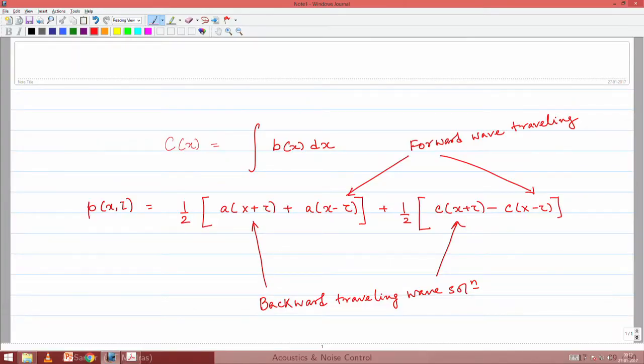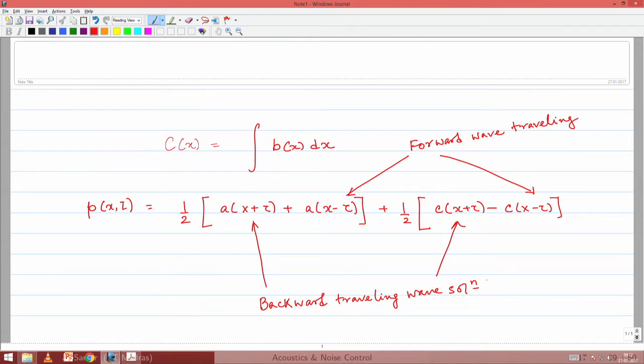Remember, what we did earlier is that we simply said that the partial differential equation has a general solution of the form f of x plus tau and g of x minus tau. What we are doing now is specifying what the f and g functions have to be. In other words, these f and g functions are to be related to the initial condition.